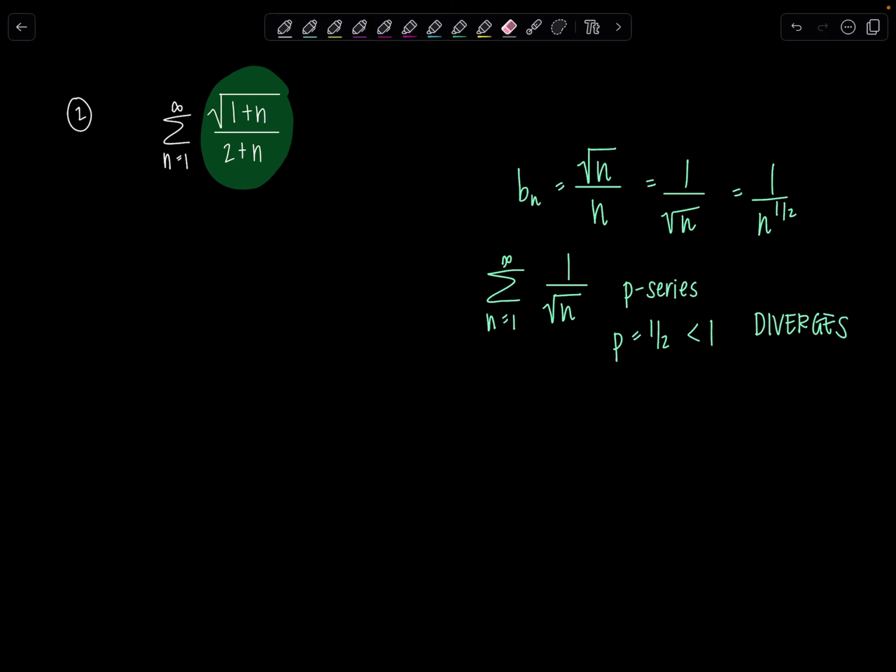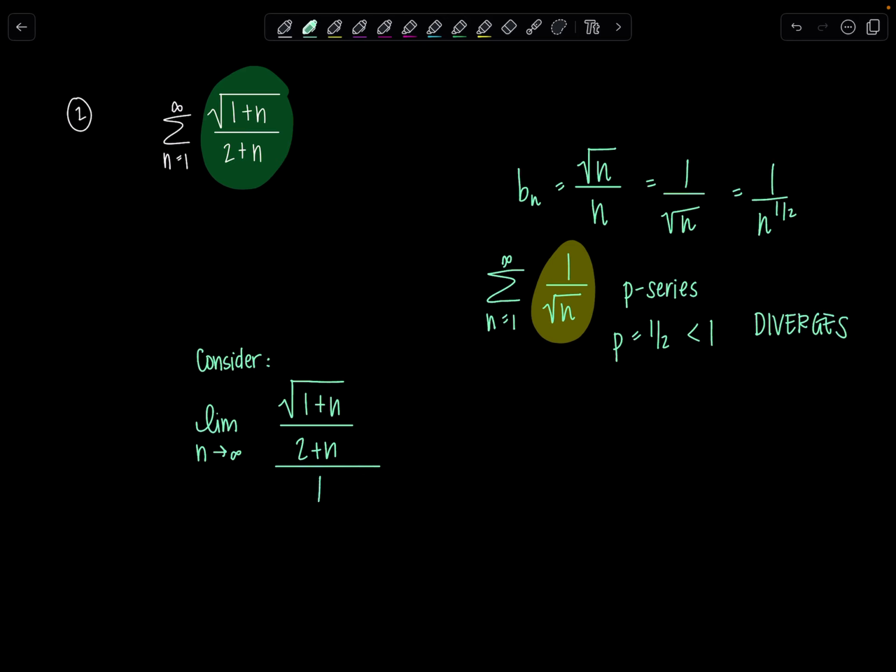Here we go. Now it's time to take the limit of the terms of the series given with the terms of this divergent p-series. We can even write "consider." So elegant. Consider the limit as n approaches infinity of the square root of (1 plus n) over (2 plus n), over 1 over rad n.